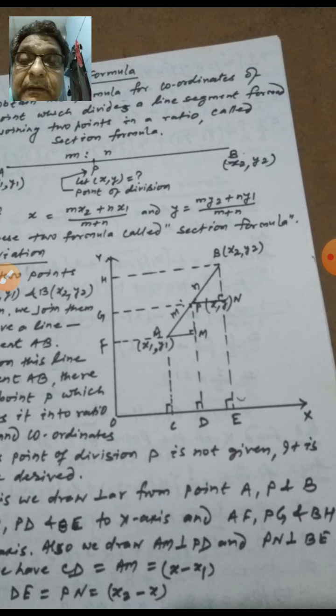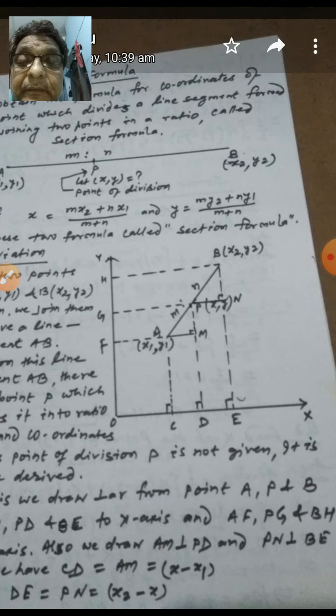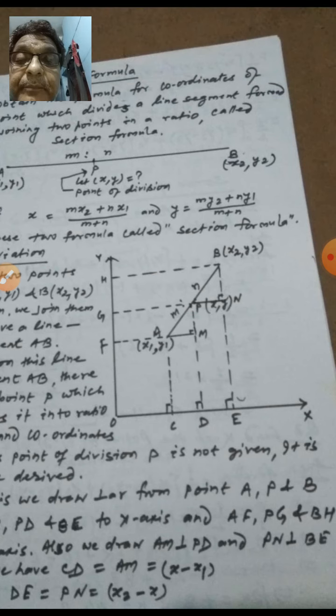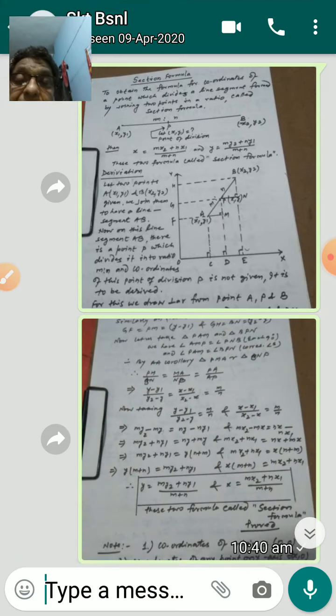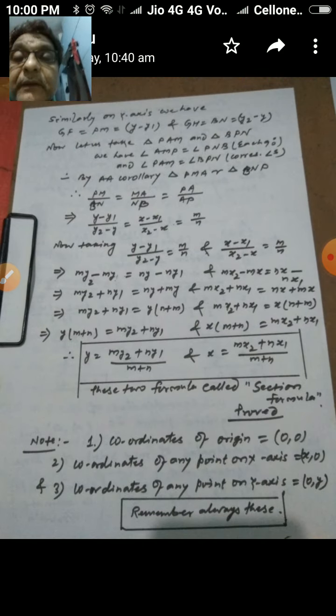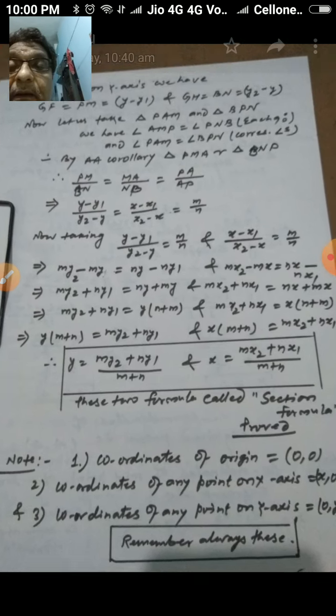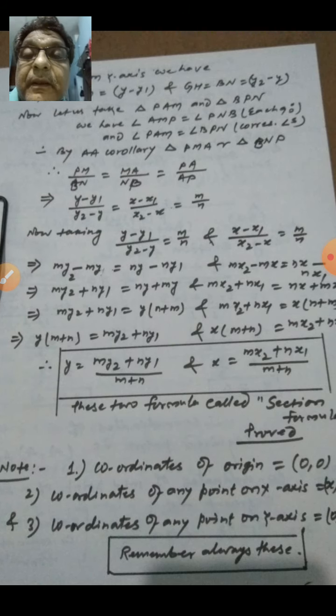Since angle PMA is equal to angle BNP, each 90 degrees, and angle PAM is equal to angle BPN, corresponding angles, by the AA corollary these two triangles are similar, that is triangle PMA is similar to triangle BNP.